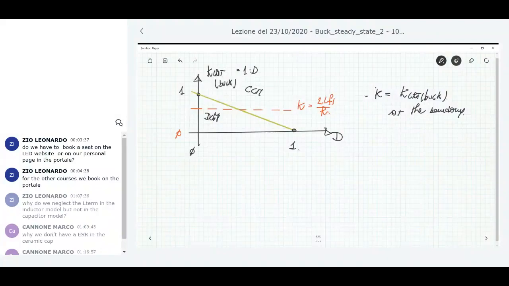For any K which is larger than K critical, for that specific duty cycle, we are in CCM. For any K that is lower than K critical, we are in DCM. So for a K in between 0 and 1, the buck converter will operate in DCM before D star, for the lower range of the duty cycle, and it operates in CCM in the higher part of the duty cycle. Okay.